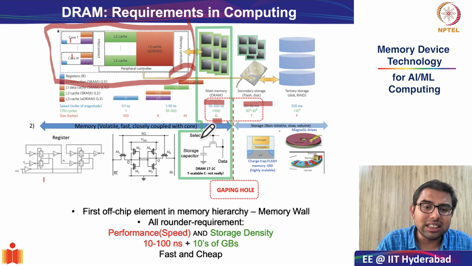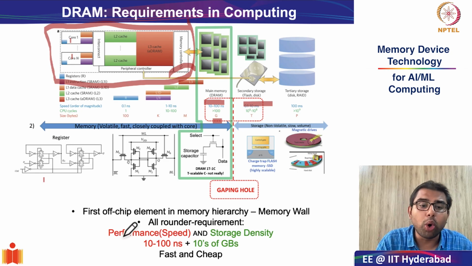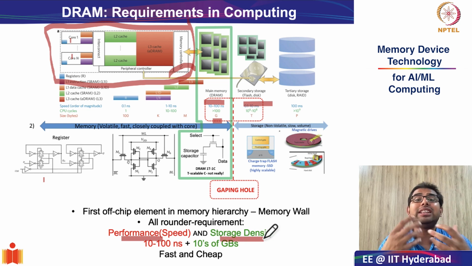So in essence, DRAM technology has this all-round requirement where you are focusing both on performance and storage density. And engineering these systems is the challenge that we want to discuss in today's class. Okay, so let us move ahead.